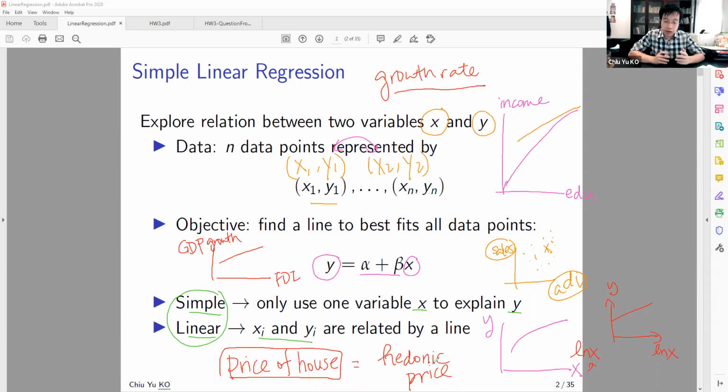The other thing you can look at is how a business adjusts its price, right? For a monopoly, as you learn in microeconomics, you want to raise the price if the demand is inelastic, and lower the price if the demand is elastic, right? Then how do you estimate that?